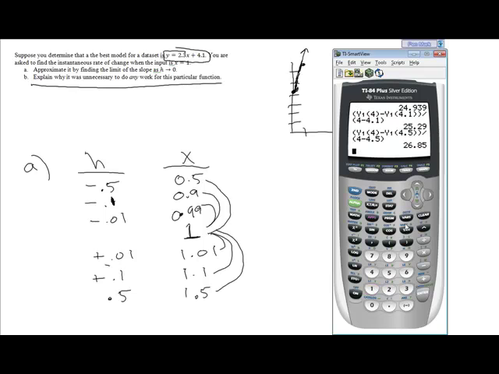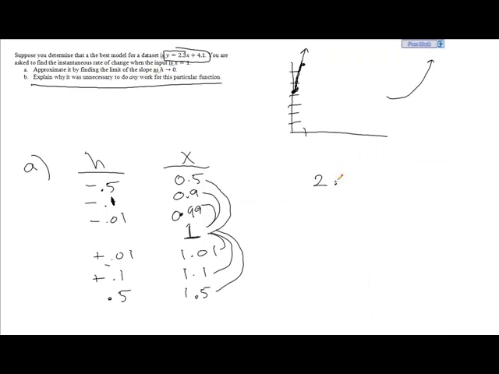We'll come back and we'll do our parentheses, vars, y vars, function, y1, and I want to do y1 of 1, so the output when the input is equal to 1 minus the output when the input is 0.5, divided by the change in the input, which is really just a half, and I'll just write 1 minus 0.5 to represent that. Okay, well, not surprisingly, that rate of change is 2.3.